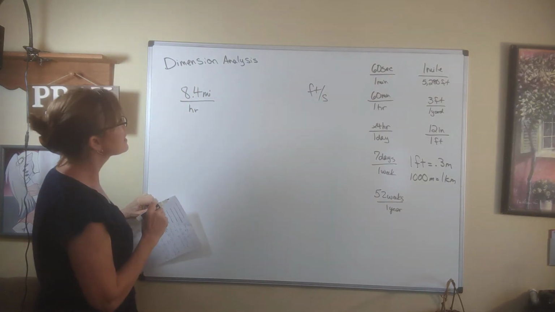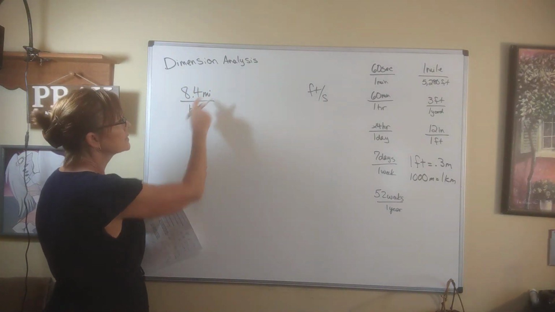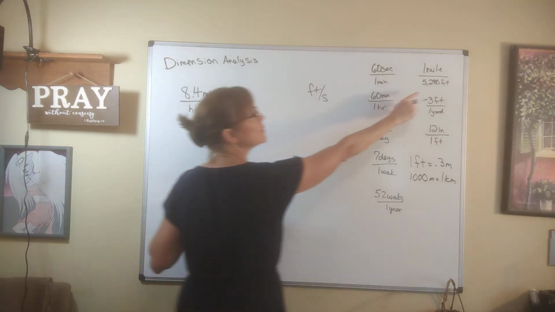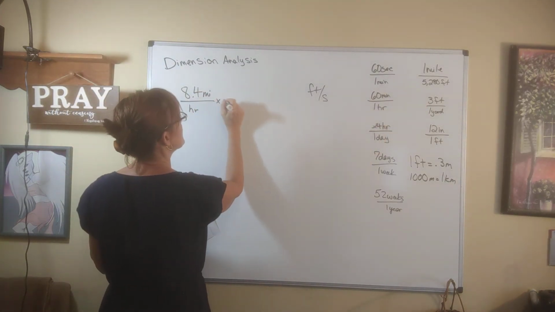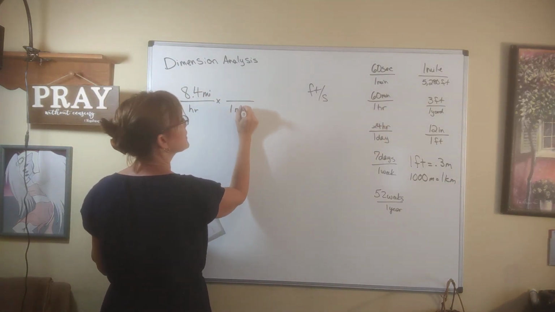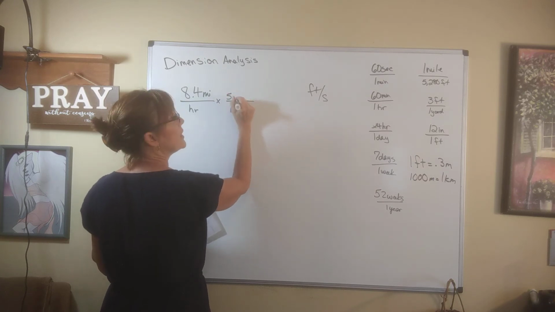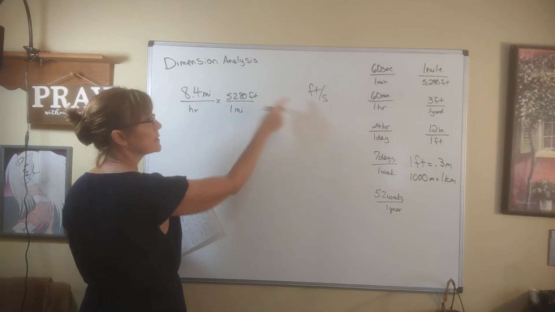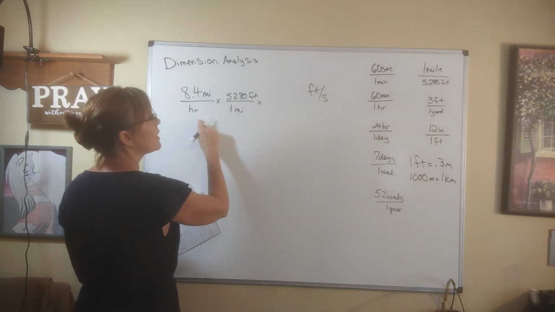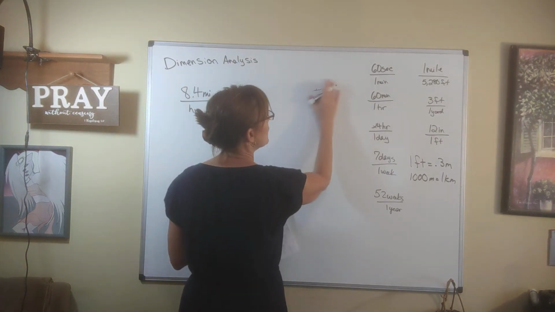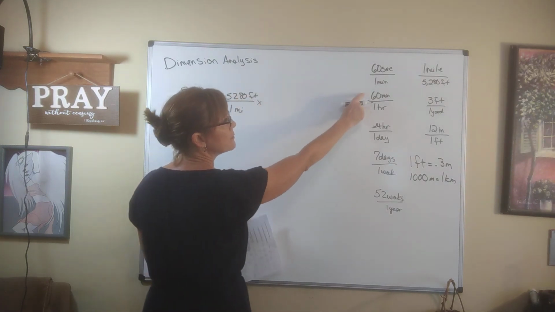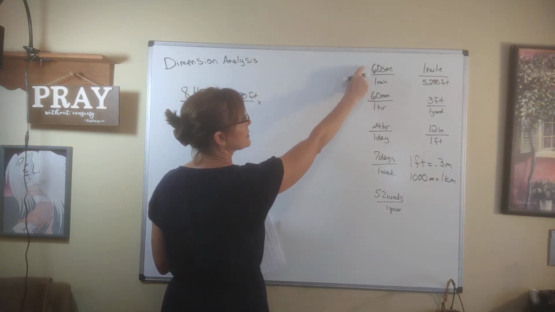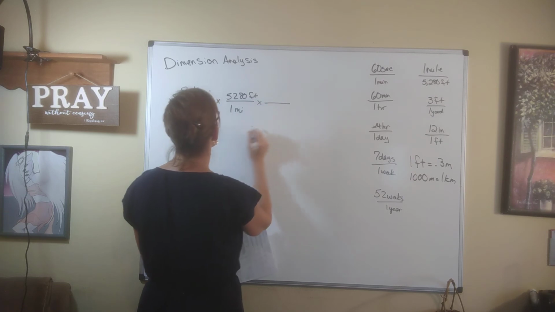So this isn't too hard. Miles needs to convert to feet. Again, we'll use this guy. So to kill the miles, put the mile in the denominator, put the feet in the numerator. Great. Okay, that took care of the feet. And then we want to get hours to seconds. Well, let's get hours to minutes, and then let's get minutes to seconds. So that's not too bad.